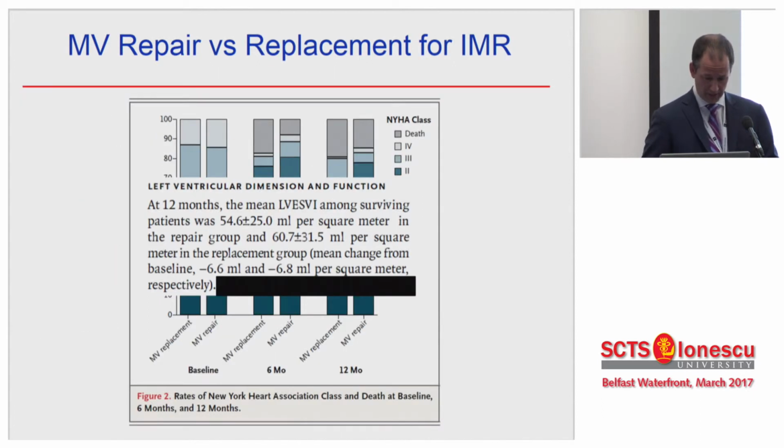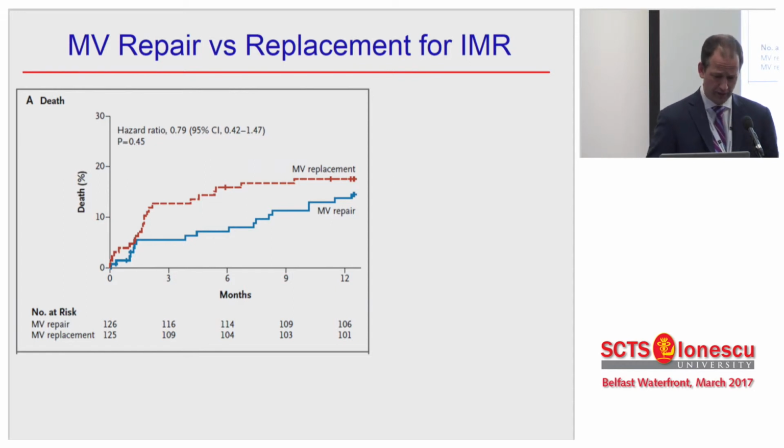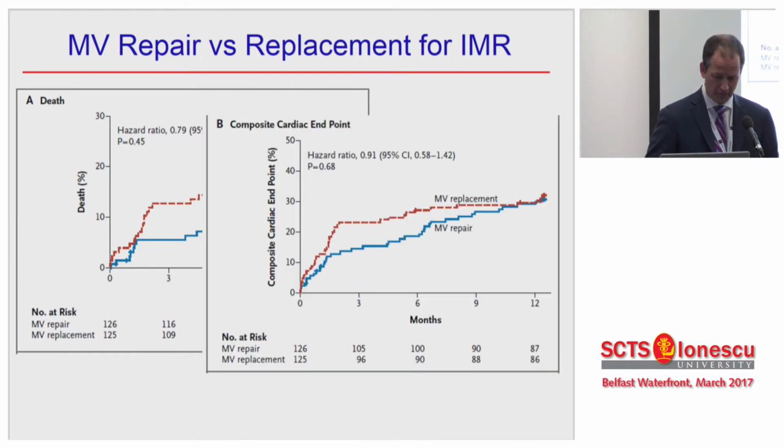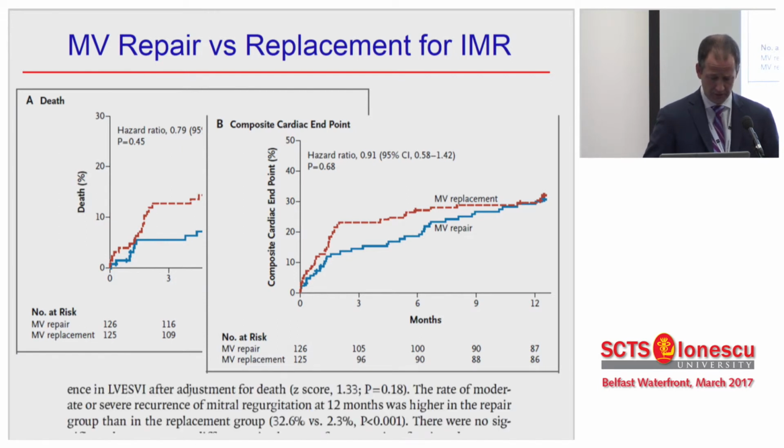Here are the survival curves, which were statistically not significant, although you may see that there seems to be some benefit for mitral repair. And this is the MACE-free event rate, also no statistically significant difference. The one big difference was that mitral repair patients had a 32% rate of recurrent MR at 1 year versus 2% in the mitral valve replacement.